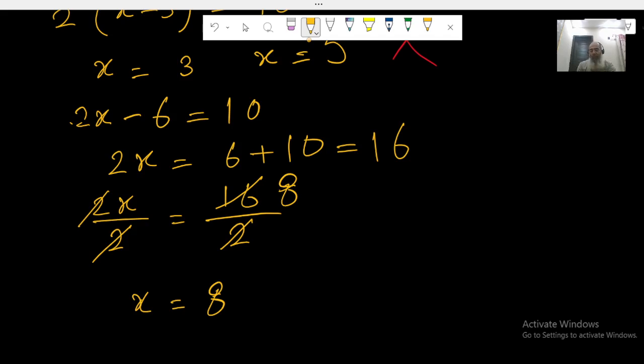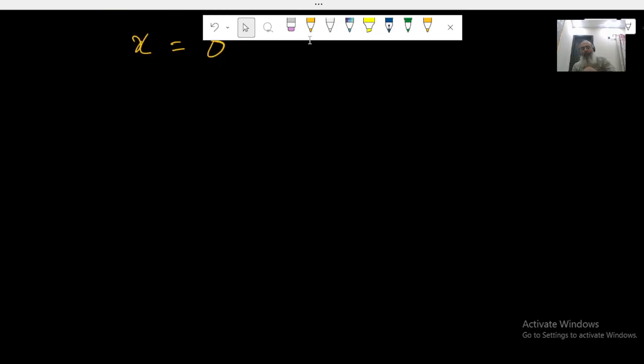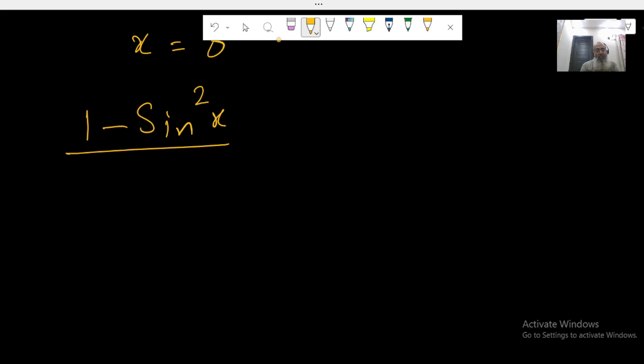Okay, now come to a trigonometry problem. Here is 1 minus sine square x divided by sine x. Oh, no, no, no. It's cos square x divided by sine x.